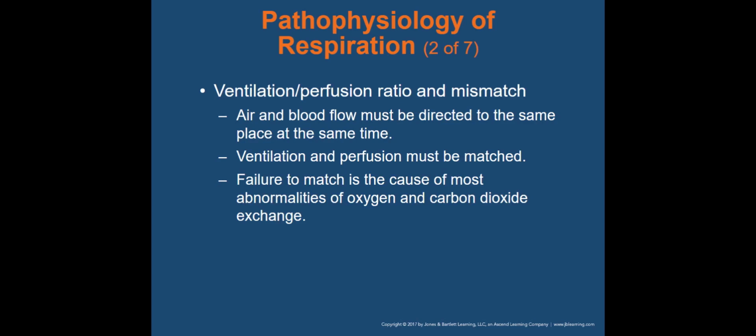Ventilation perfusion ratio and mismatch indicate that the air and blood flow must be directed to the same place at the same time. Ventilation and perfusion must be matched, and this is also noted by a VQ ratio. A failure to match ventilation and perfusion is the cause of most abnormalities of oxygen and carbon dioxide exchange.